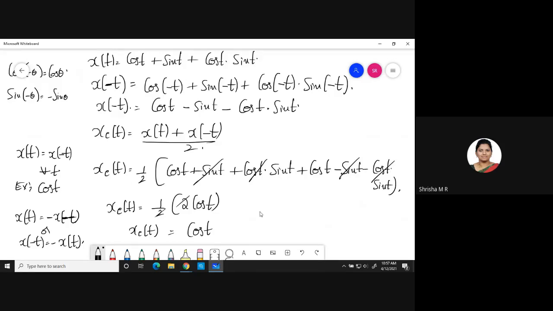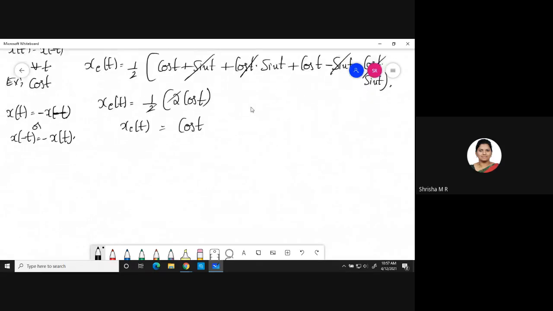Similarly, do the same for the odd part x_o of t. We have half into x of t minus x of minus t. Our x of t is cos t plus sin t plus cos t into sin t.